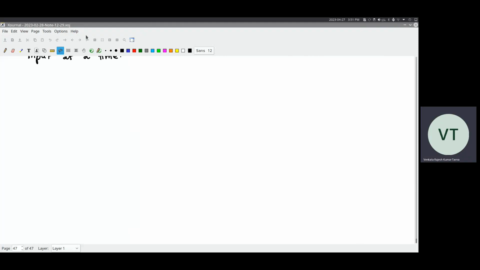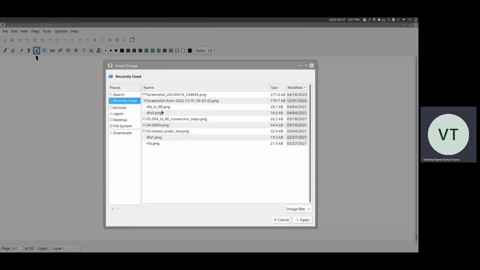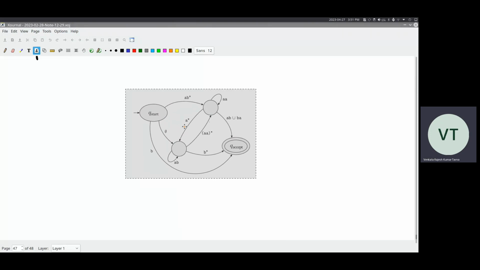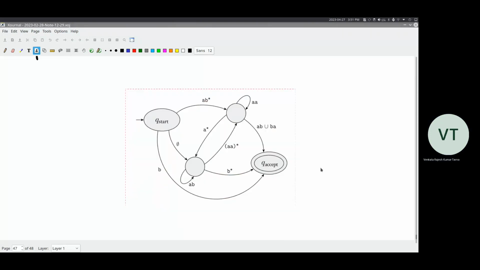So let me move on to the next page. So this is an example of a GNFA. We'll come back to it in a while.